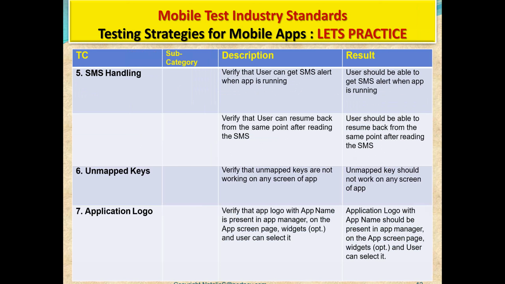So while you're using that pop-up box to reply, and at the same time you have to check how your app behaves when you just abandon it to go to the SMS box. This is another test case that I would like you to check at home.